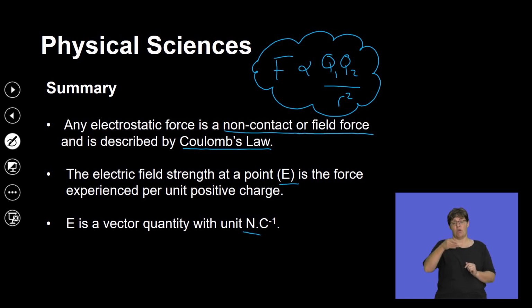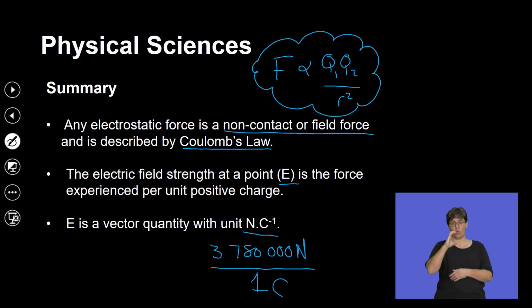So electric field strength or electric field at a point, which is the quantity E, is a vector, which is in newton per coulomb. So this is actually the force experienced per unit positive charge. Now, in the previous example, the unit positive charge experiences a force of 3,750,000 newtons per coulomb, that is the force experienced by 1 coulomb of charge.